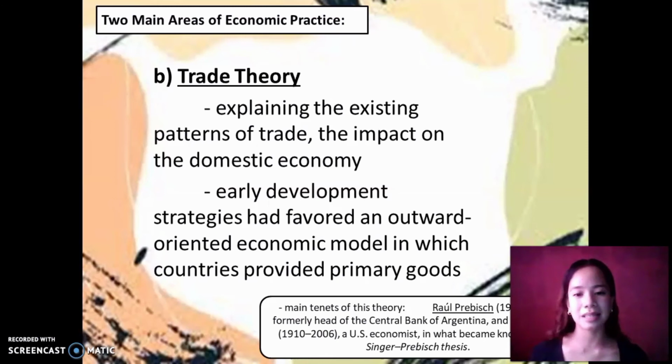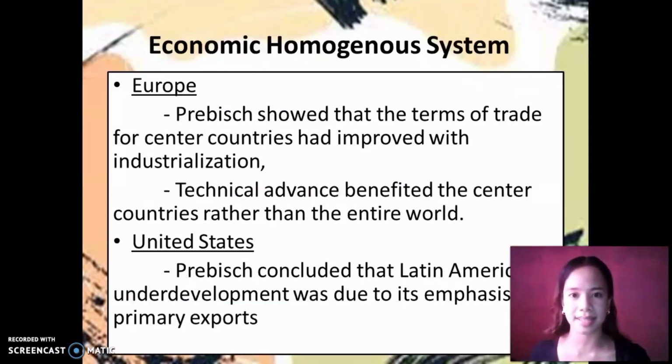So the main tenets of this theory were Raul Prebisch, a former head of the Central Bank of Argentina, and Hans Singer, a U.S. economist, in what became known as the Singer-Prebisch thesis. So the economic homogeneous system.